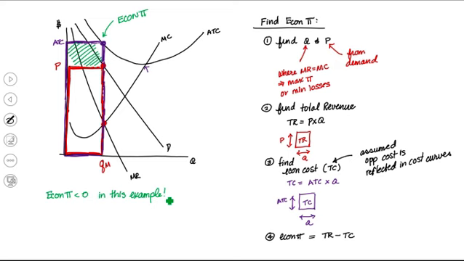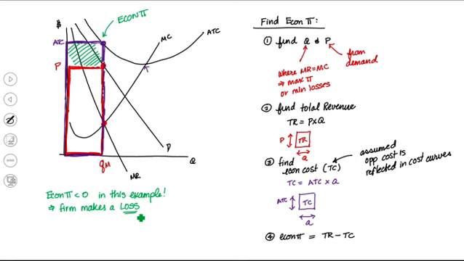So what that means is the firm makes a loss. So I might give you problems where you have negative economic profits. Now, if you're making negative economic profits, do you want to stay where you are? Negative economic profits means what?